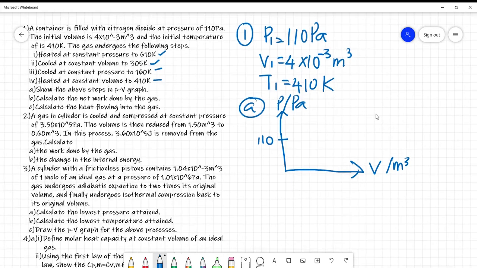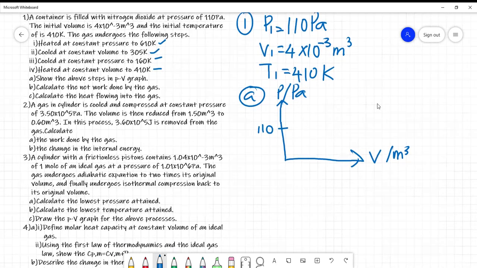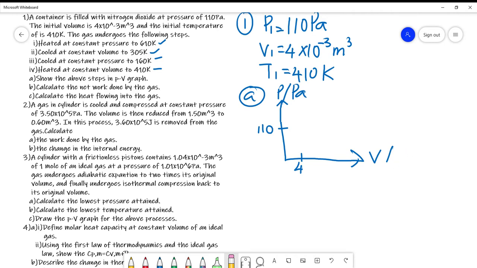Heated at constant pressure to 610 K. This one should be my initial volume, 4, and the volume axis is times 10 to the power negative 3 meter cube.